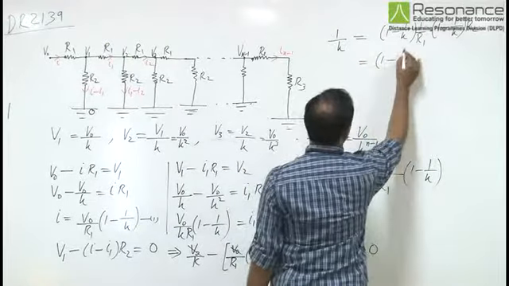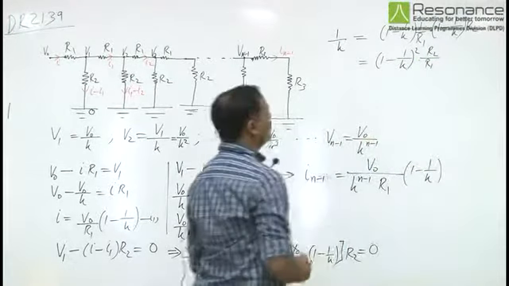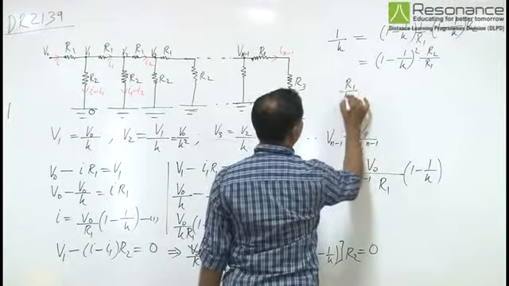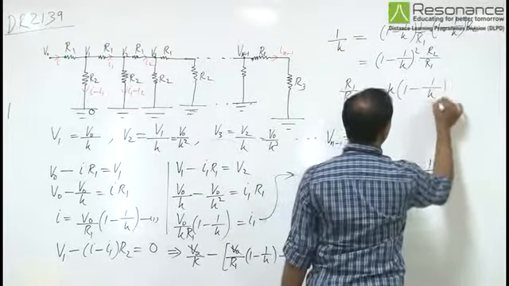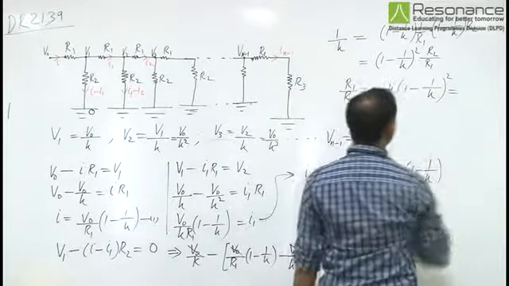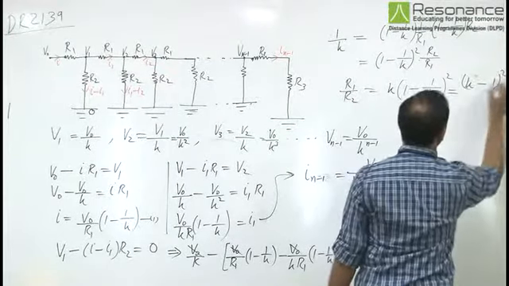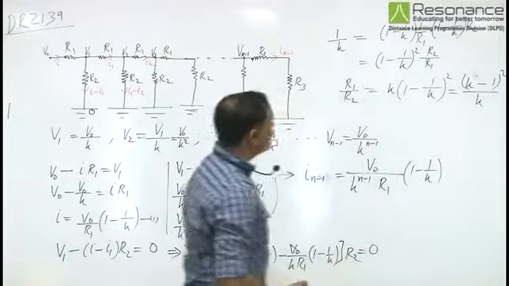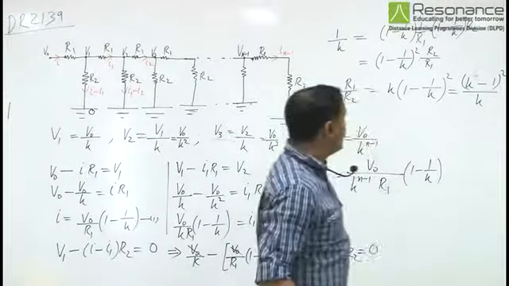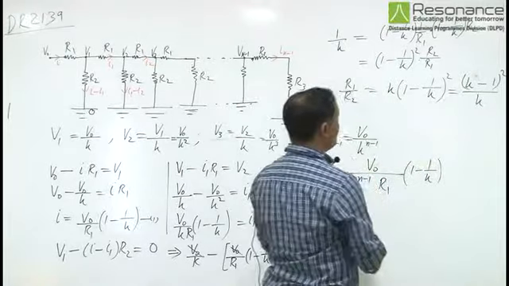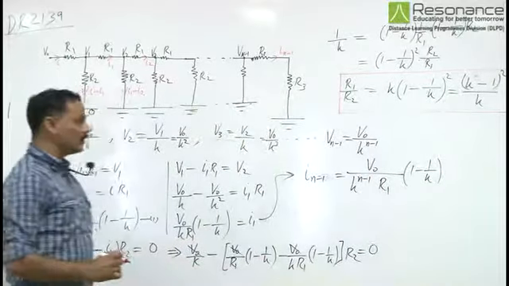So this is equal to 1 minus 1 by K whole square into R2 by R1, or from here we can write R1 by R2 is equal to K into 1 minus 1 by K square, that is equal to K minus 1 whole square by K. This is the ratio of resistances R1 and R2.